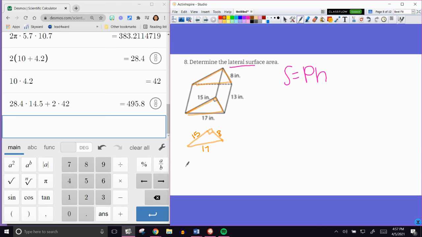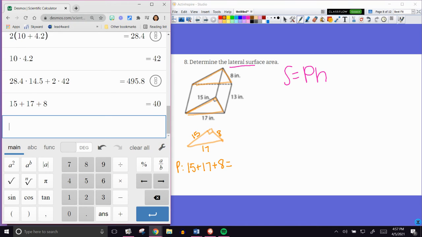So to get my P, or my perimeter, that's when I add up my sides. So 15 plus 17 plus 8. My perimeter is going to be 40 inches. And I can go ahead and plug that in. Perimeter is 40.